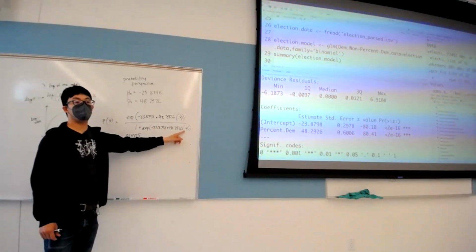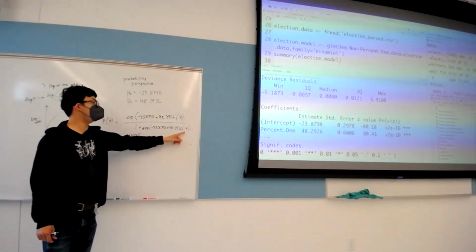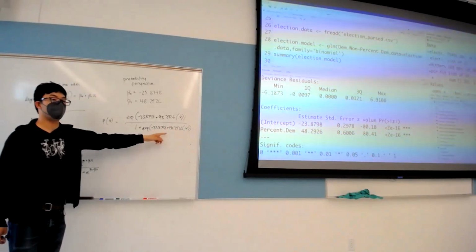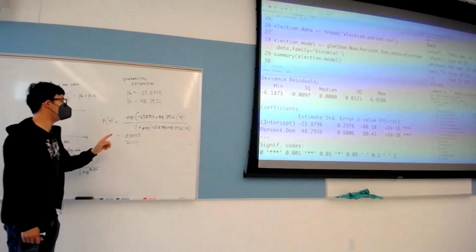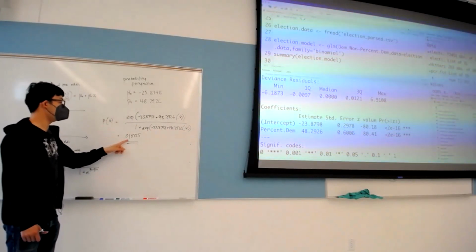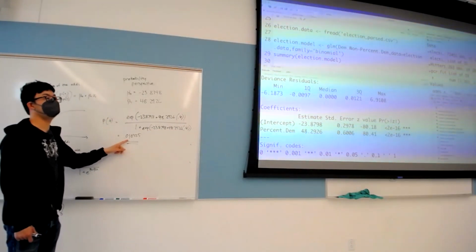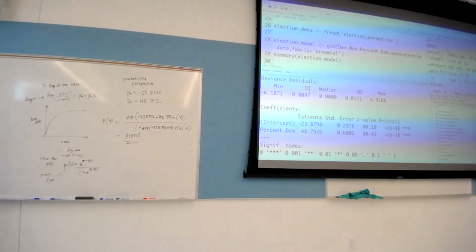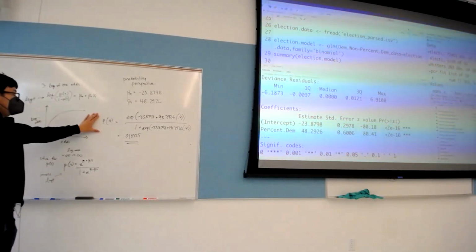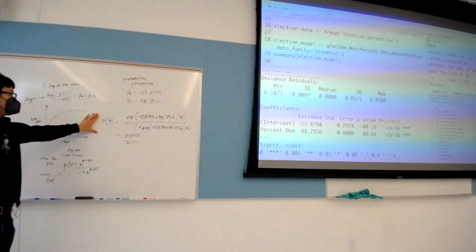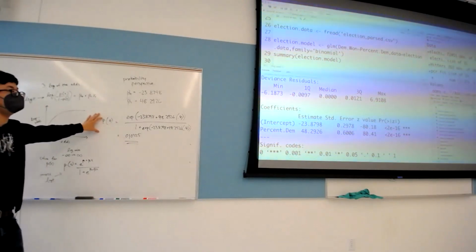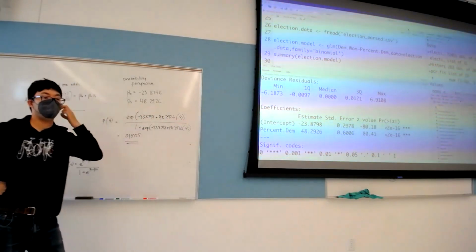If 40% of my population is Democrats, or registered Democrats, the probability that they win the election is about 1%. You have to do a little bit more work here, but I think this is more clearly interpretable than that.